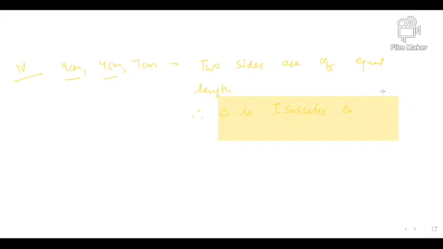Let's move further. Fifth part. So fifth part is given as 10 centimeter, 5.3 centimeter and 6.1 centimeter.